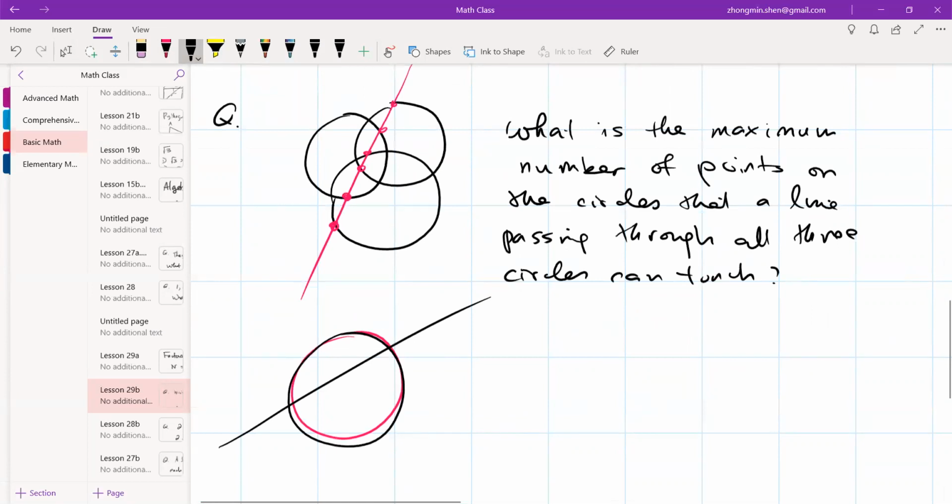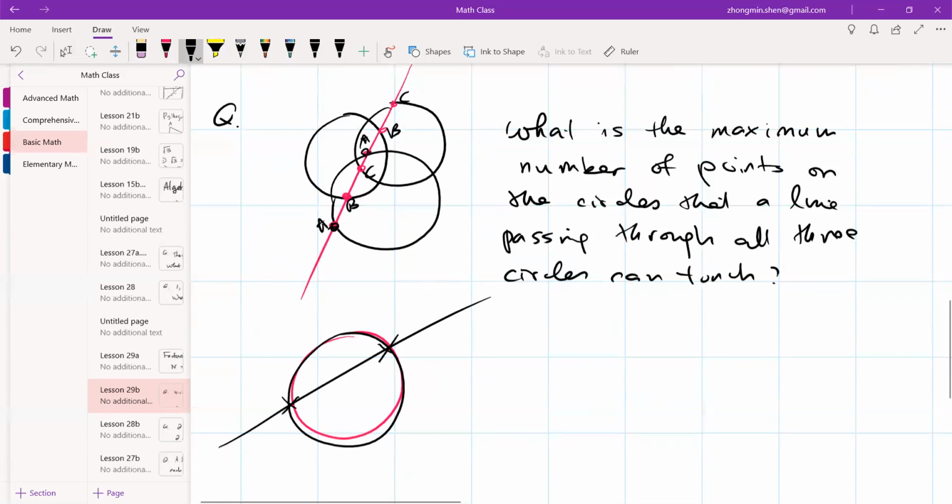You can't get 3 points on one line. So you draw a line passing through 3 circles and look at each circle. Look at the first circle, you find only 2 points, A and A. Then you look at another circle, B and B. Then the third circle, C and C.